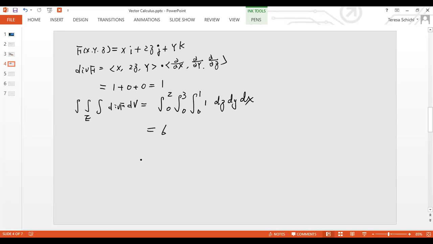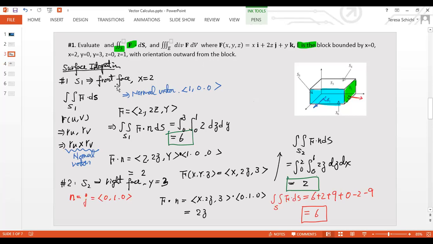That's why the 6 here is the same as we did before. So you see what we mean by the divergence theorem. You can just use what we learned in the surface integration and integrate these 6 surfaces, then add them together, or you can use the divergence theorem and simplify it. That's why we introduce the divergence theorem, because it's a lot easier.